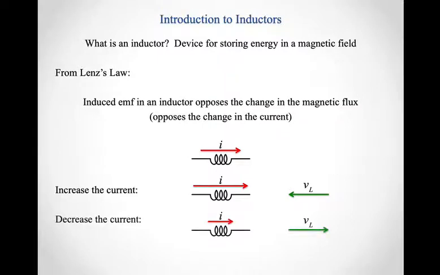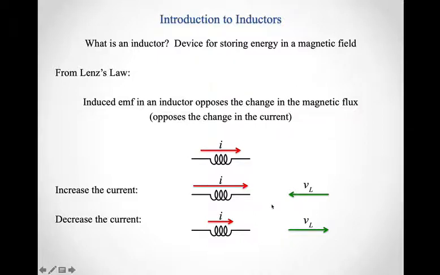On the other hand, if I decrease the current, so now there's less current flowing through the circuit, less current flowing through the inductor, less magnetic flux through the coil of the inductor, that will induce an EMF within the inductor that will act in the same direction as the current flow. So it won't be a back EMF. It will be an EMF that's trying to drive current in the same direction that the current is already flowing.